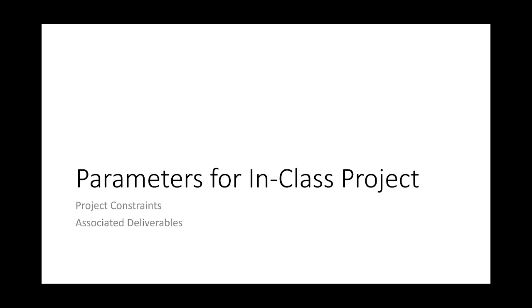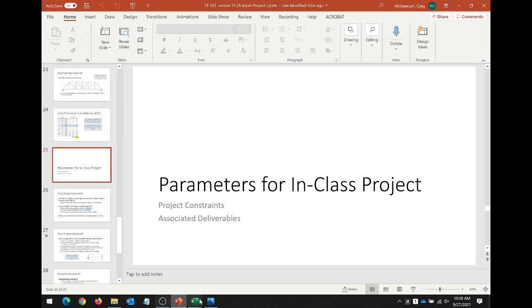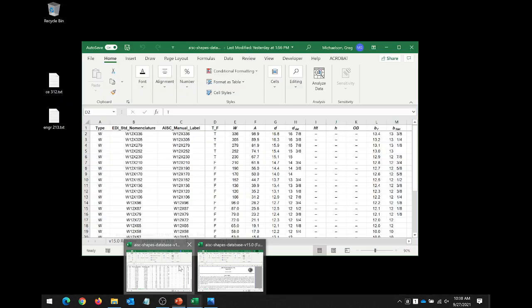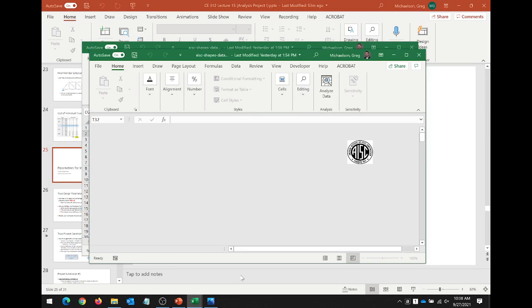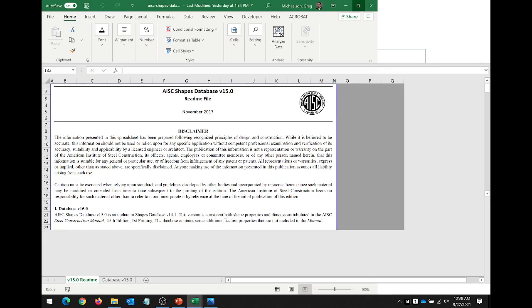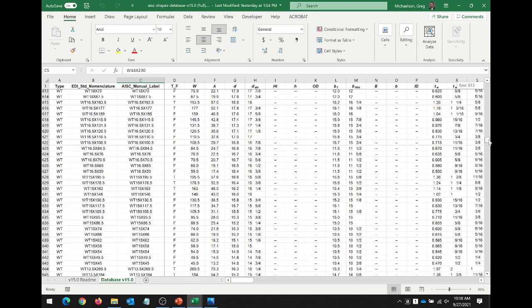One of the beauties of the steel industry is that they do a pretty good job in making stuff available for engineers. One of the things they do is provide the shape database. This is the shape database for all the shapes in the manual, and you don't need all that.